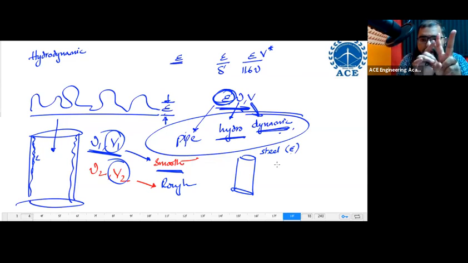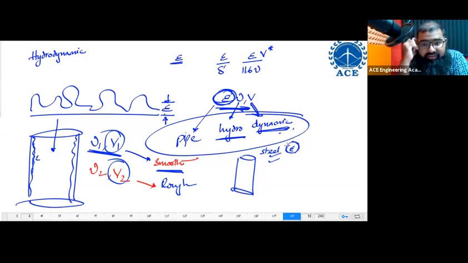Two things are going to determine surface roughness: one is what material you're using, and the other is the manufacturing process. If you have studied material science, you might know that material properties change with respect to the manufacturing process. So your surface roughness depends on these two things.